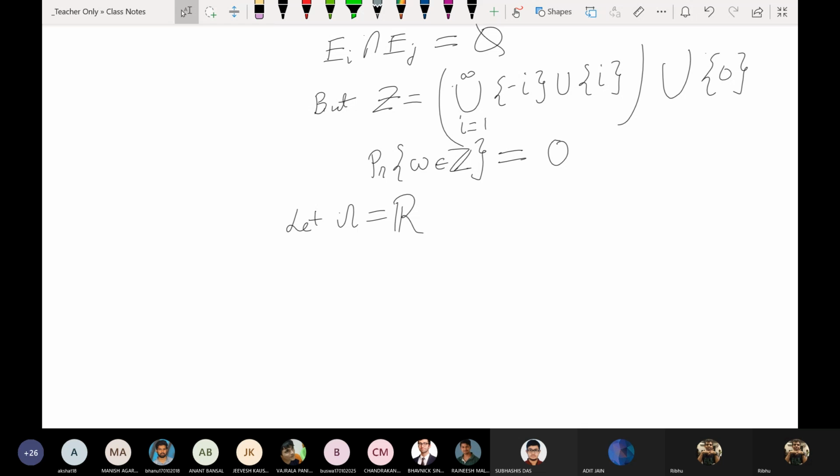And B, so now since we can write every singleton set as, we can write every singleton set like this.